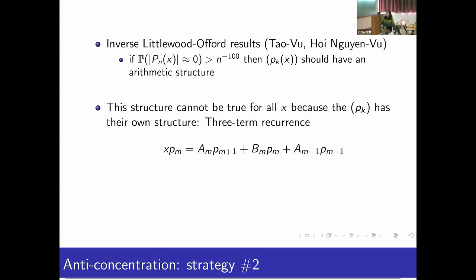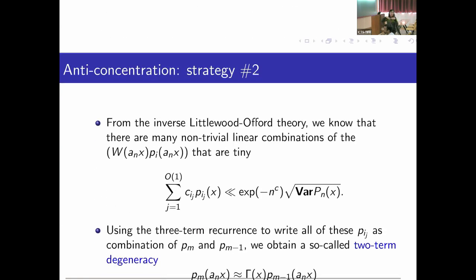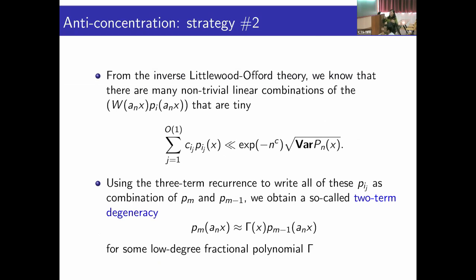So of these pij, we can always reduce to the smallest two indices. We would reduce down to an equation that we call two-term degeneracy, which basically says that we would be able to find some m such that pm is roughly about the same as p(m-1) with some correction gamma, where gamma is a low degree fractional polynomial. And where do we go from here?